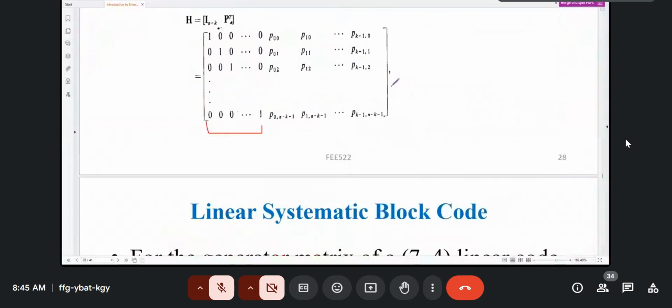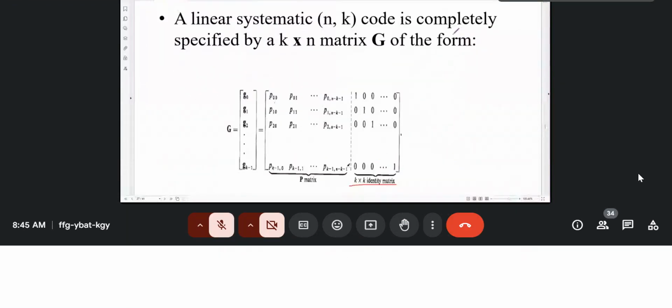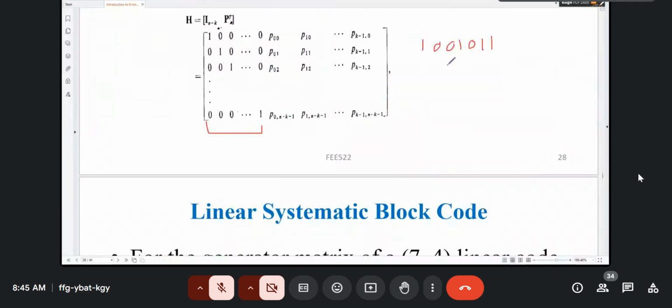That's a valid code word. Anyway, you can even check whether it's a valid code word because it will give us 0.